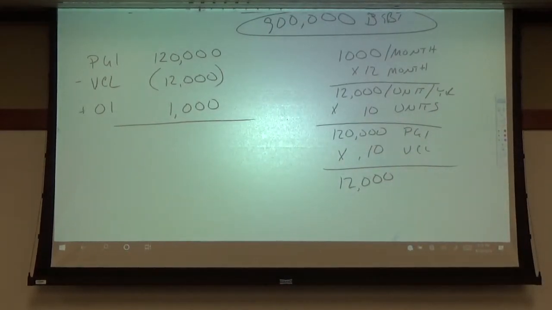So we do the basic math on this, and that gets us effective gross income, or EGI, of $109,000. All right.